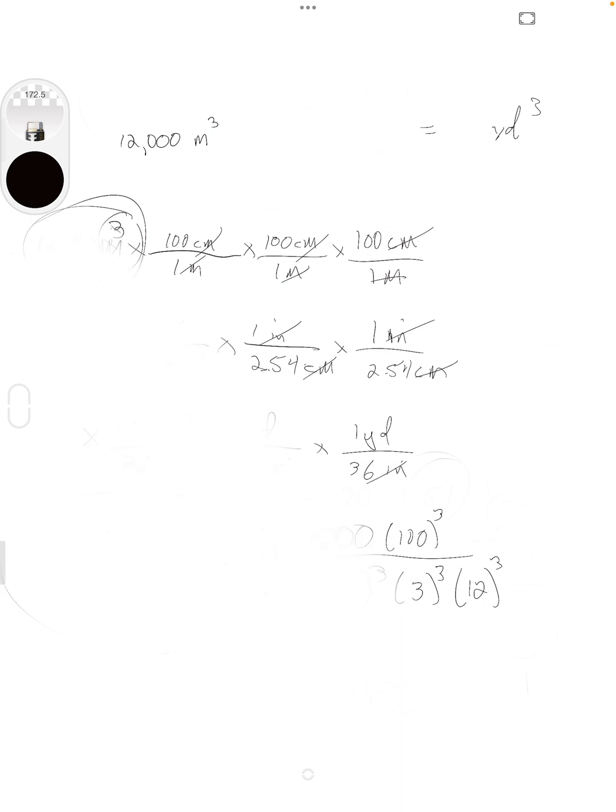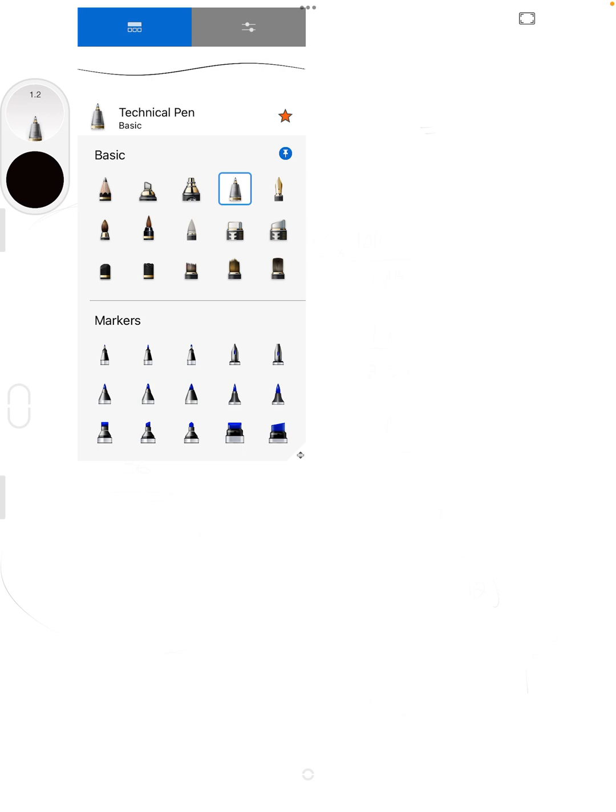Problem number 8, or no, 7. It says, what fraction of 105 is 5.5? Okay, blank of blank is blank. So 105 times x equals 5.5. So I'm going to change that to 11 halves.